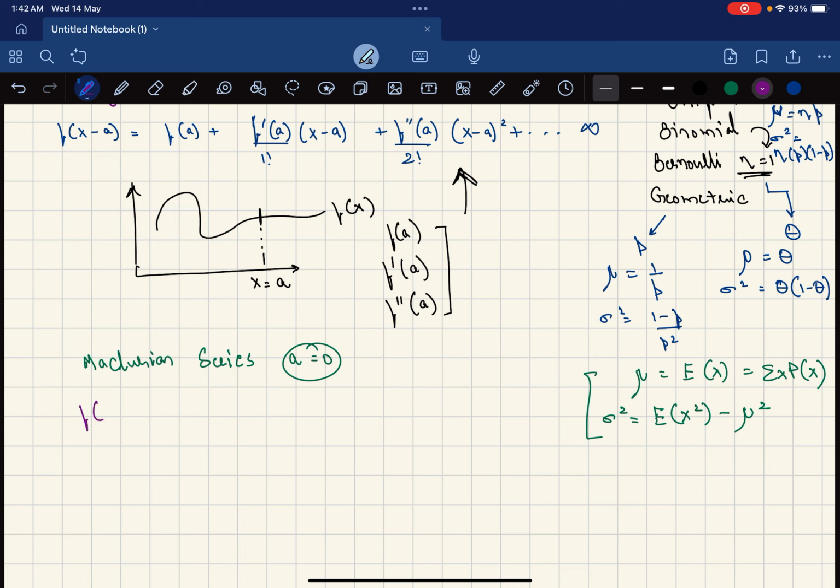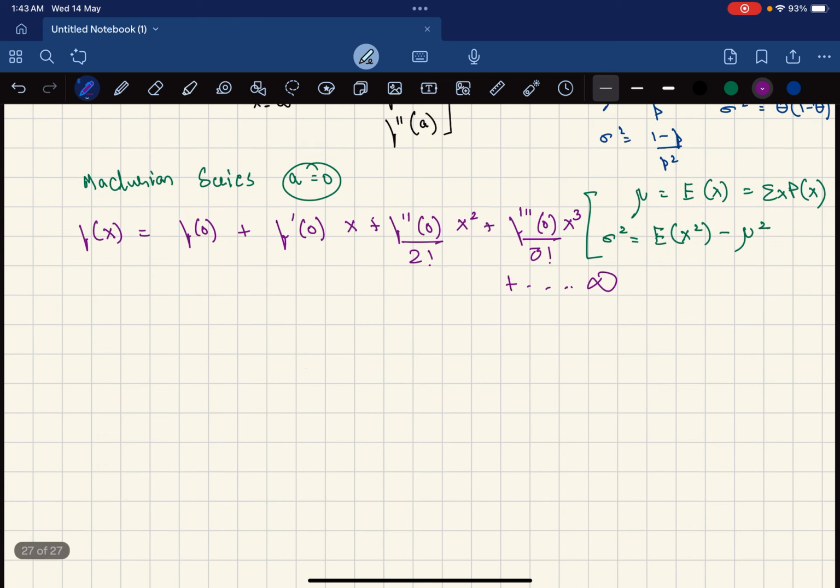So if we do that, we get f(x) equal to f(0) plus the derivative of the function at 0 into x, because x minus a becomes x minus 0, which is x, plus the second derivative at 0 upon 2 factorial into x square plus the third derivative at 0 into x cube upon 3 factorial, and similarly this is an infinite sum of these kinds of terms.